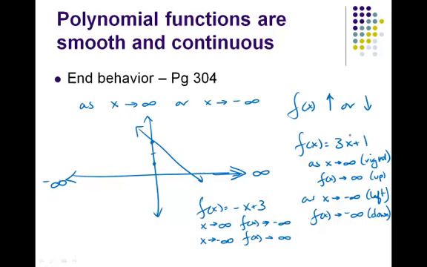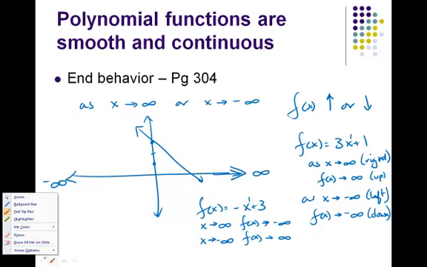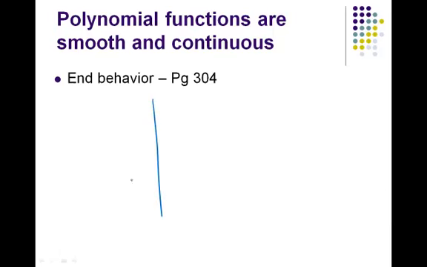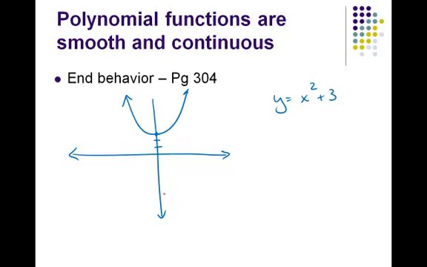So we've done it for a linear equation where it's x to the first power. Let's take a look at what happens when we are dealing with a squared function. So if we have y equals x squared plus 3, that looks like this. It's a polynomial that is a quadratic. Now, as x goes towards infinity, f of x goes towards positive infinity as well.